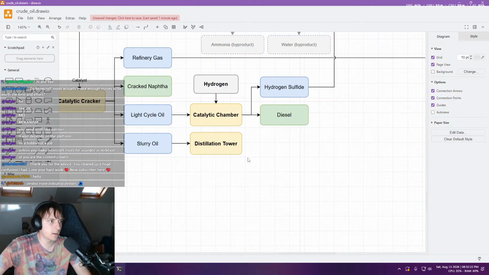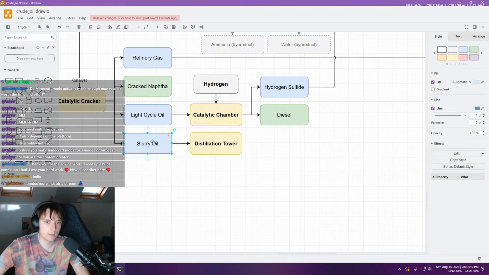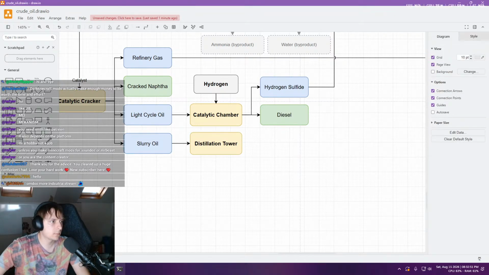That then gets us clarified slurry oil, apparently.